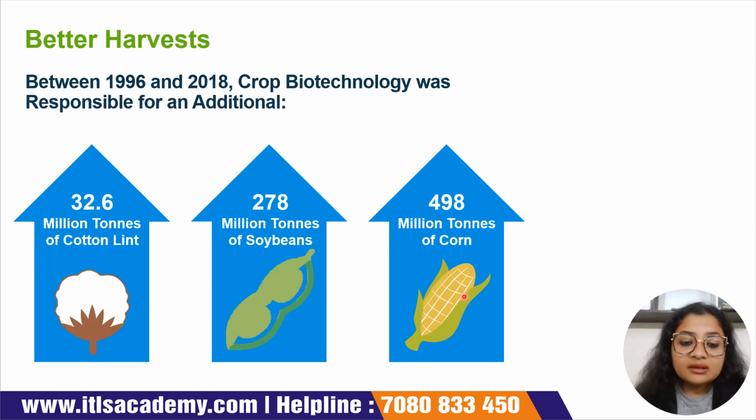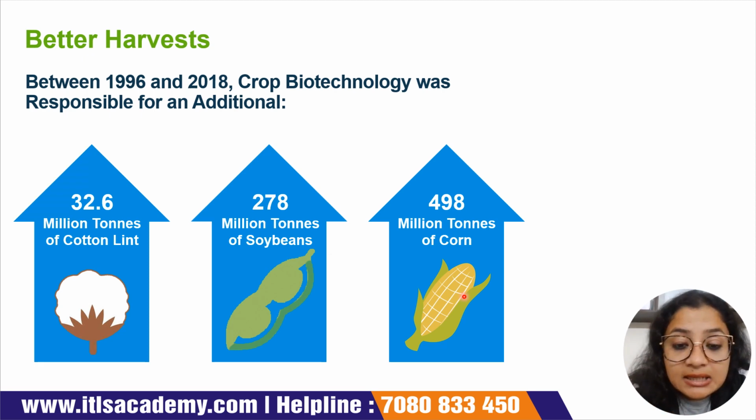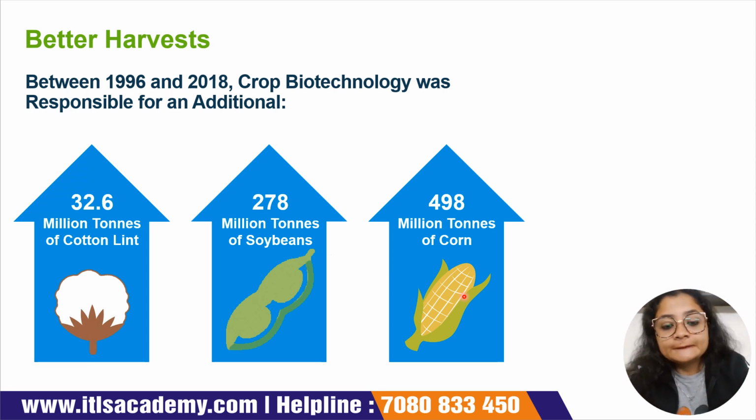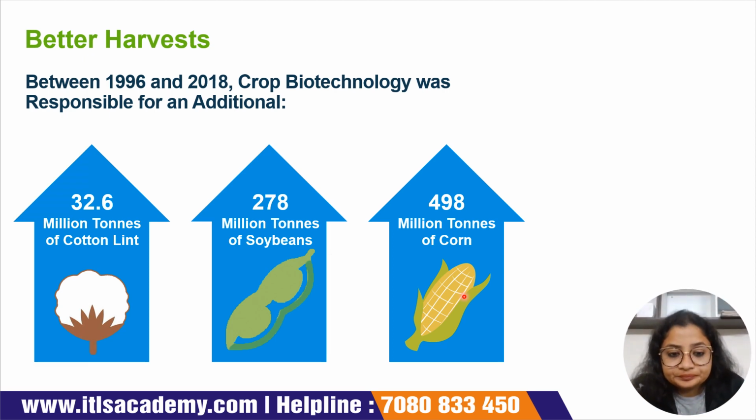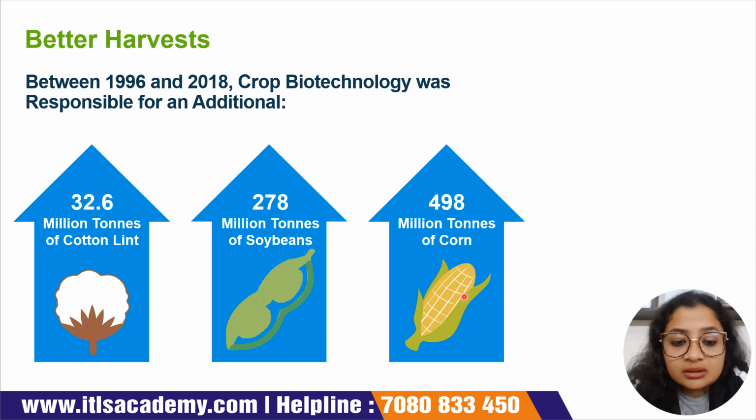Okay, so better harvests, where this entire concept of crop biotechnology or agricultural biotechnology, which we are mainly talking about, extended between 1996 and 2018, and was responsible for an additional 32.6 million tons of cotton lint.